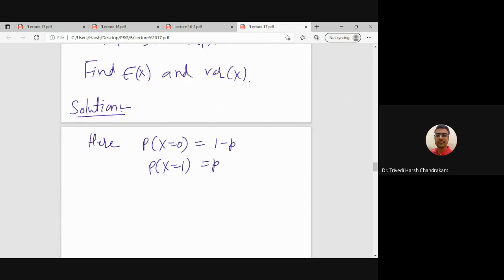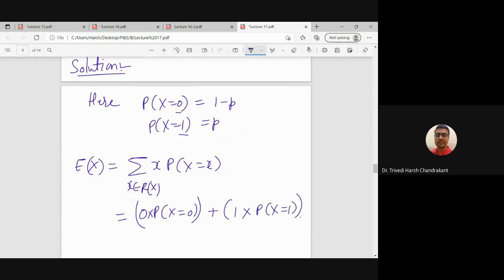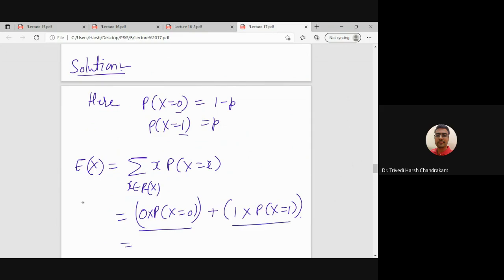So what is the expectation? The sum of x times probability of x equals x. In the range we have only two values, 0 and 1. So this is 0 times probability of x equals 0, plus 1 times probability of x equals 1. The first term is anyway 0, that is 0 times 1 minus p is 0, and the second term is p.